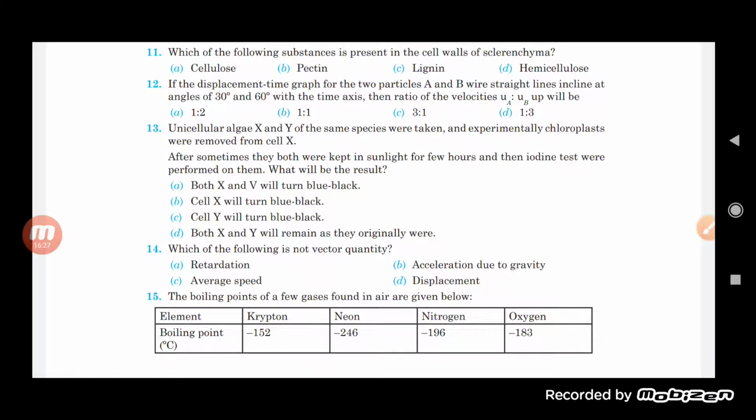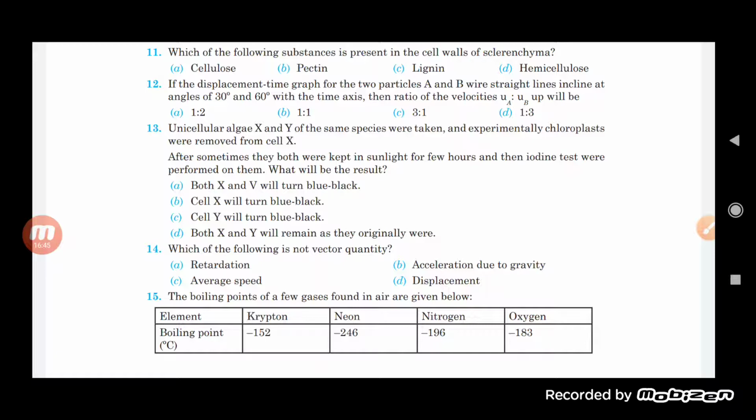If the displacement time graph for the two particles A and B are straight lines inclined at an angle of 30 degrees and 60 degrees with the time axis, the ratio of the velocities UA and UB will be?